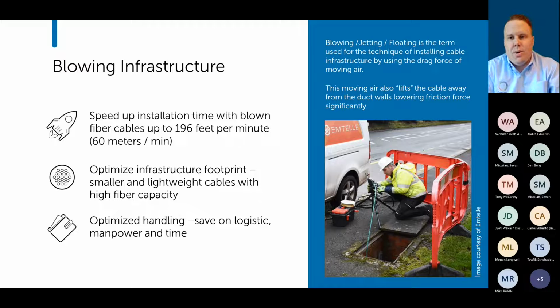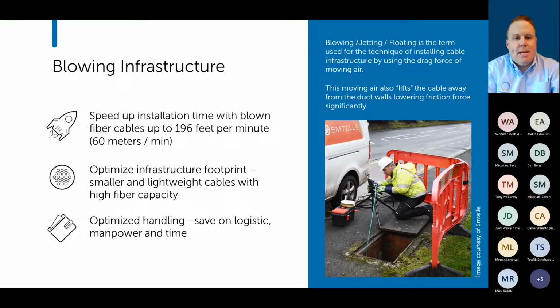We're going to use that air to lift the cable away from the duct walls, which is going to lower friction for us and allow us to go a lot farther than you can with a traditional pulled type of install. The speed of the install is also going to be a lot higher, again, because of the reduced friction with these types of cables.